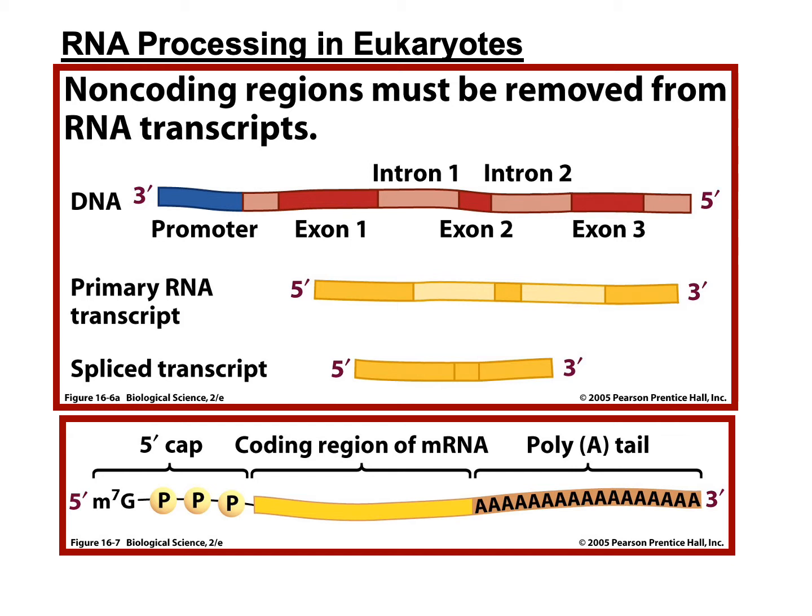So if you have these intervening blocks in the DNA sequence, they will also be copied into the RNA sequence, and you can see that in the center of this slide. The darker yellow indicates the exon sequence, and the lighter yellow indicates the intron sequence.